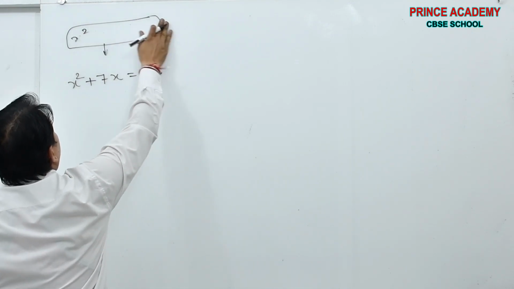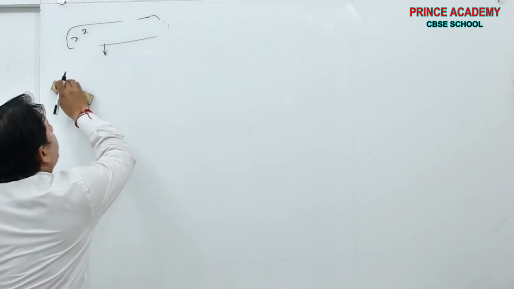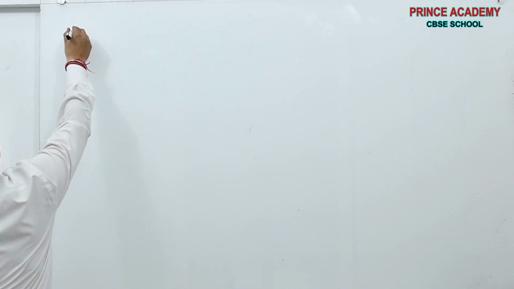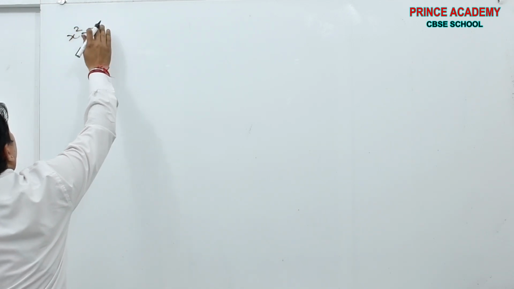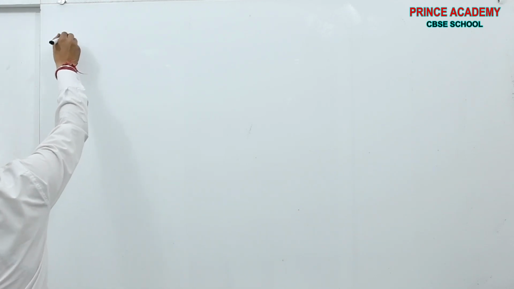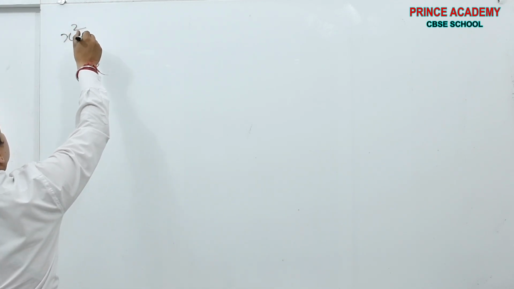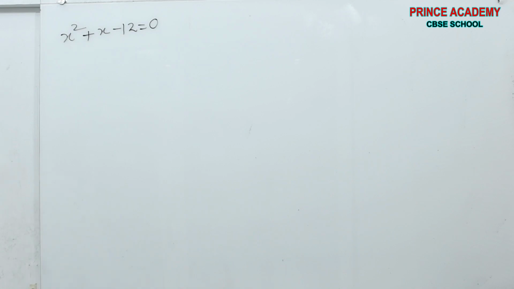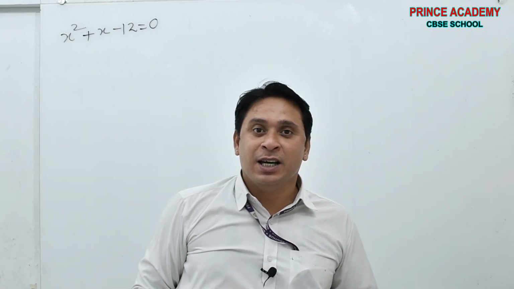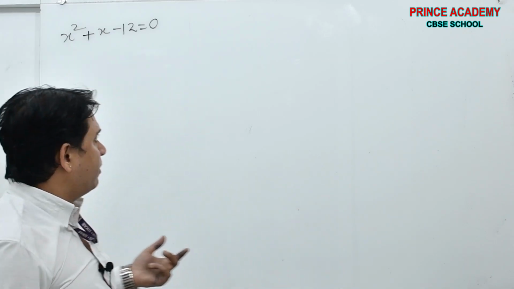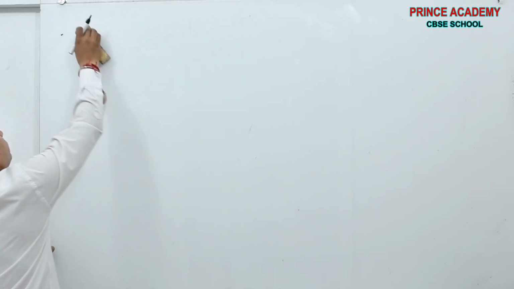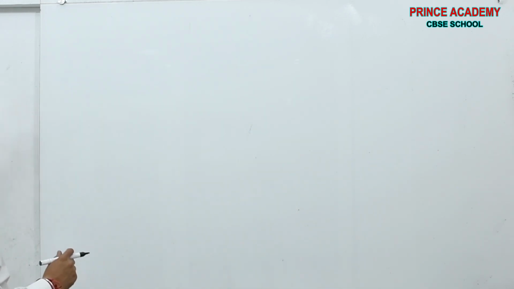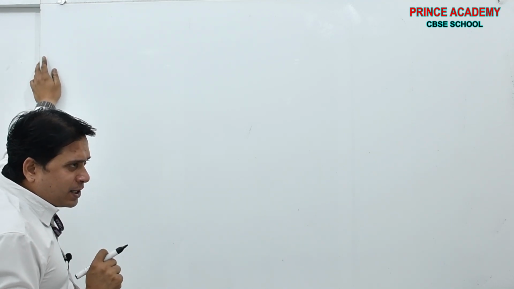It will make you a little bit confused, so I am just removing this to make it easier. x square plus x minus 12 is equal to 0. It will again make you confused. I want to take an easy example that makes the calculation easier. Let me think of one more example.